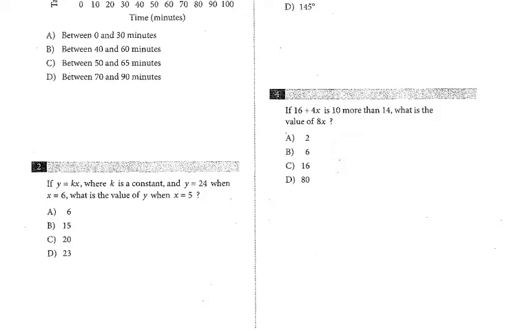For number 2, if y equals kx, where k is a constant, and y equals 24 when x equals 6, what's the value of y when x equals 5? We know y equals kx, that means this is a direct variation.